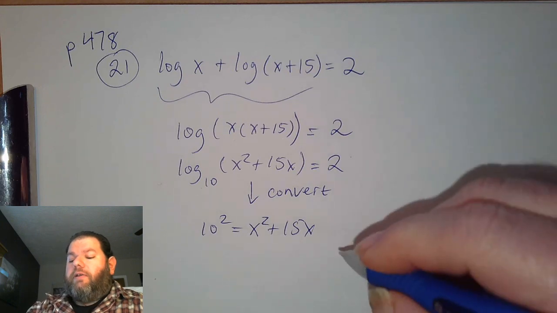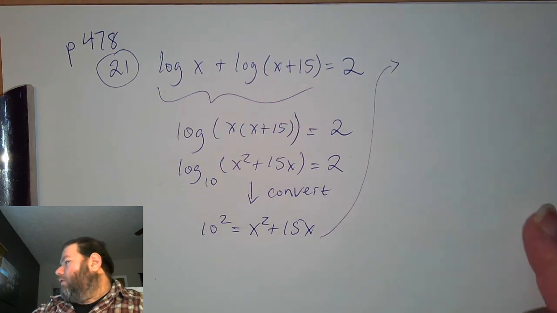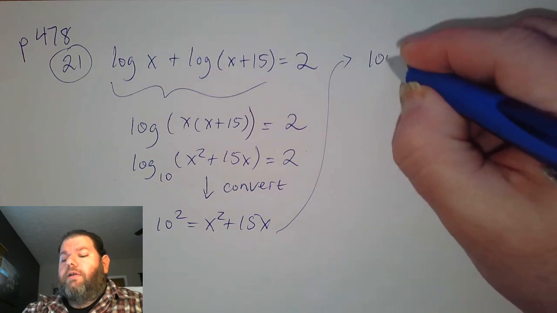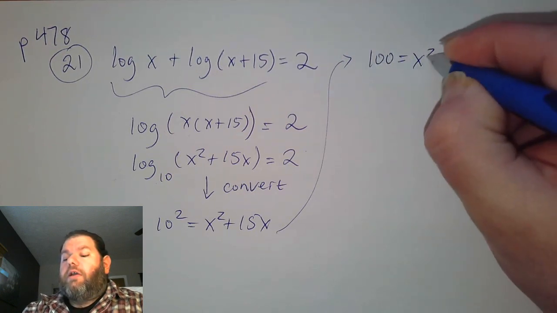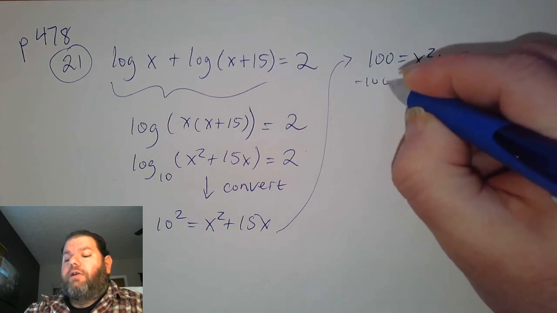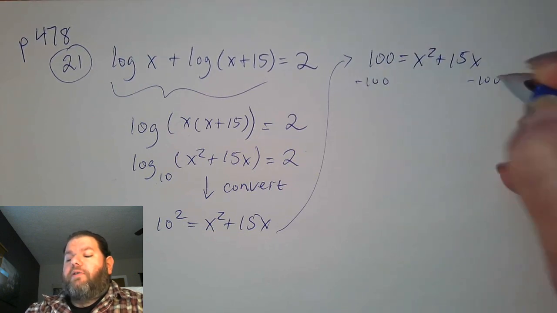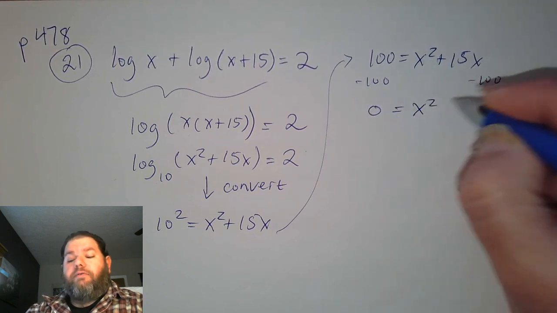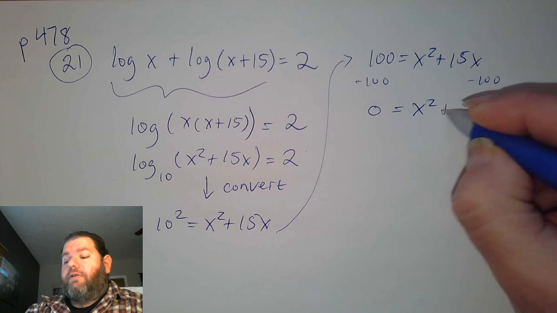Alright, so 10 to the second is 100. And because we have a quadratic equation, we'll take that 100 and subtract it over so that we can get it equal to 0. And then we can factor, solve, and then check our answers.